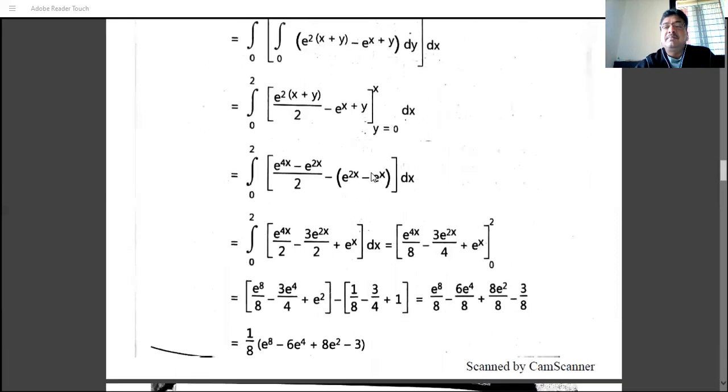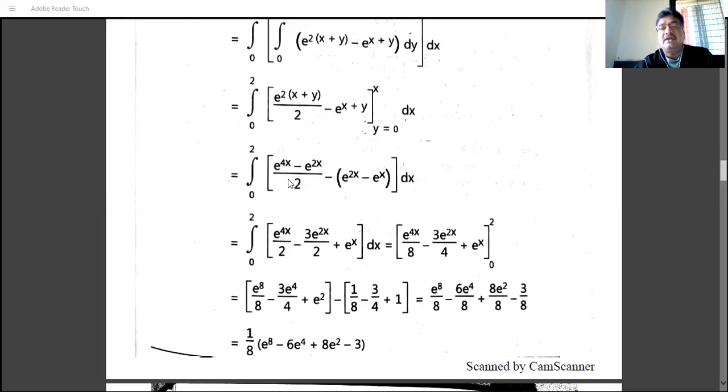Then substitute y as x at the upper limit: e raised to 2 in bracket x plus x, that is e raised to 4x, divided by 2, minus e raised to 2x.